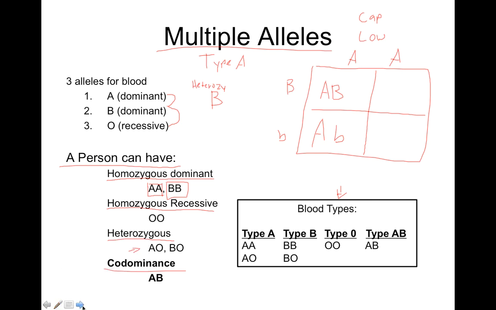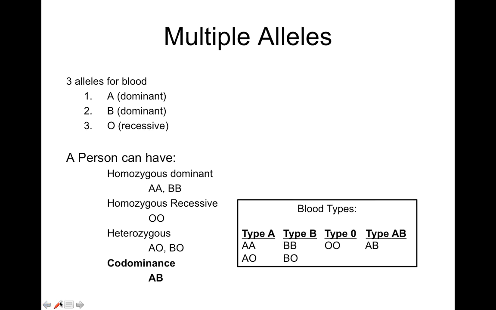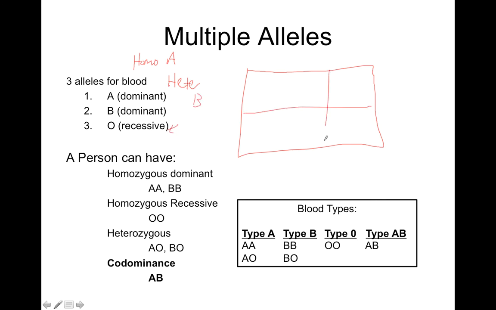So what we need to look at is if we cross a homozygous type A and a heterozygous type B, we have to use O as a recessive. So that'll look like this. I'll cross my A homozygous, capital A, capital A, with my B heterozygous, B, O is the recessive, and I can get the potential offspring.